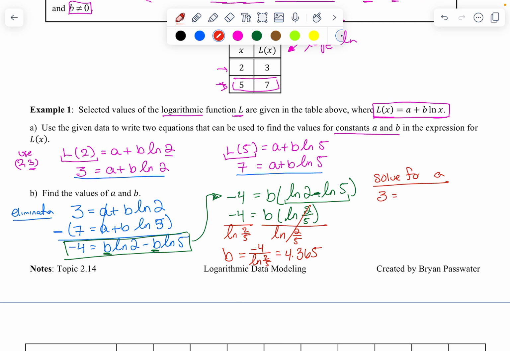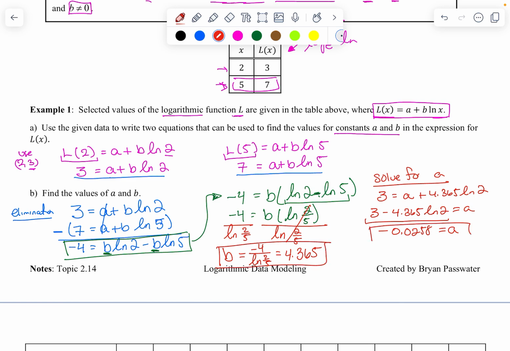So we got 3 equals A plus 4.365 times ln of 2. 3 minus all of this, 4.365 ln of 2 is equal to A. When you do this in the calculator, you end up with -0.0258 is equal to A. So these are our two answers.